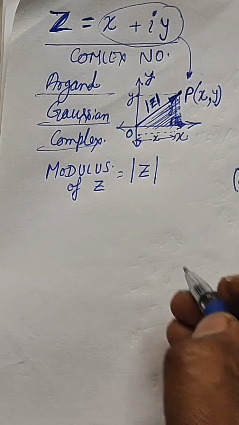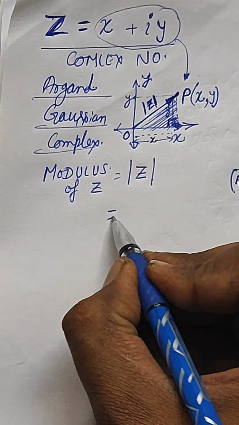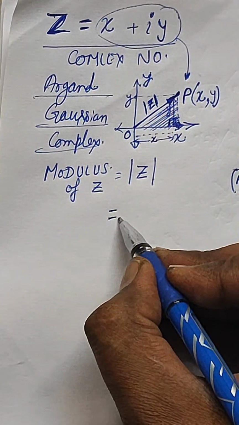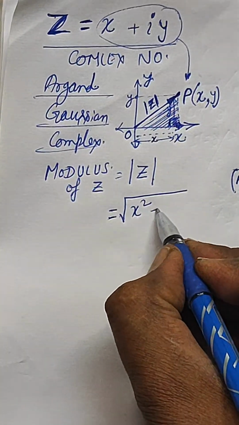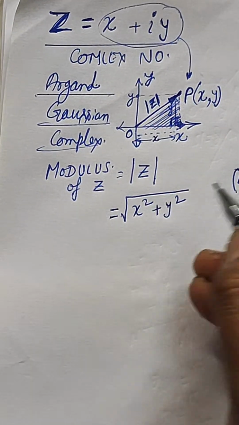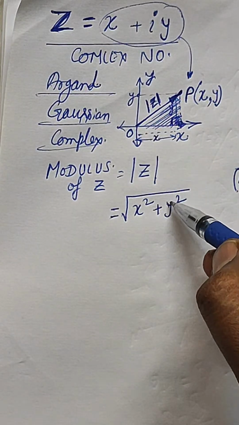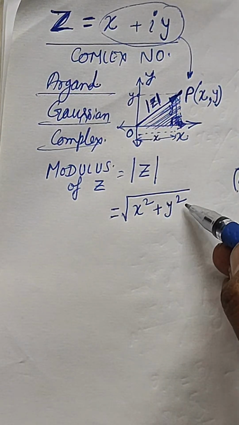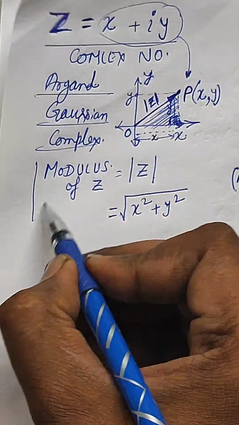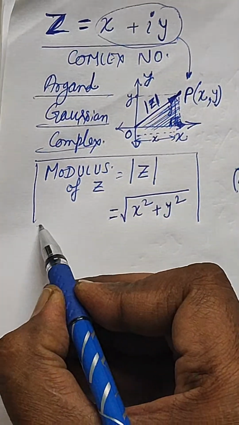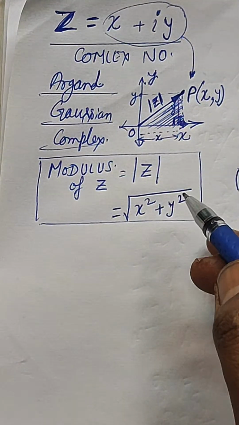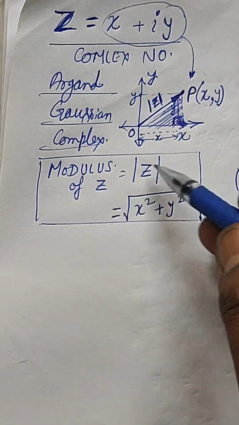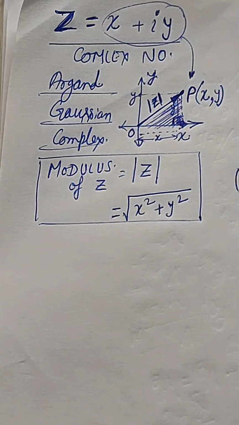So if you remember, we calculated the length of the hypotenuse as root over x square plus y square, the resultant vector. Just to recall Pythagoras, in this way we always find the modulus of a complex number.